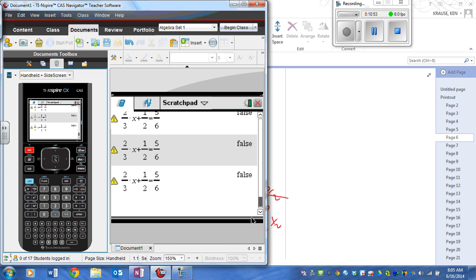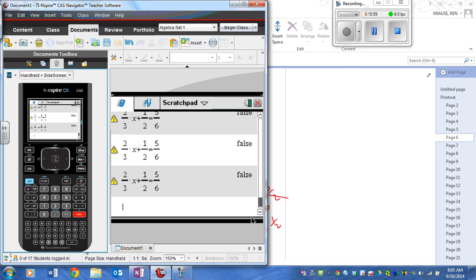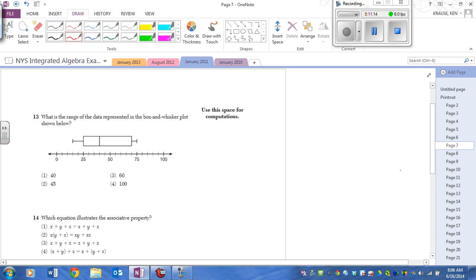That doesn't make any sense. And that's the answer. I'm not sure why that's not working. I think it's actually the computer program that's running the calculator, not the calculator itself, but whatever. Alrighty, let's keep going.